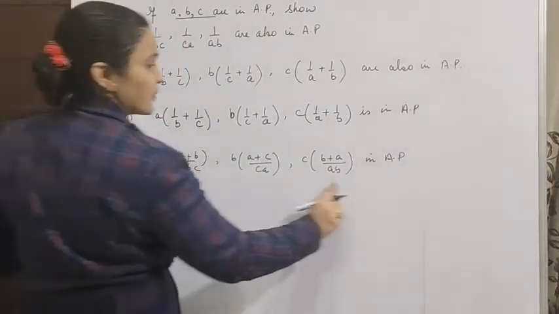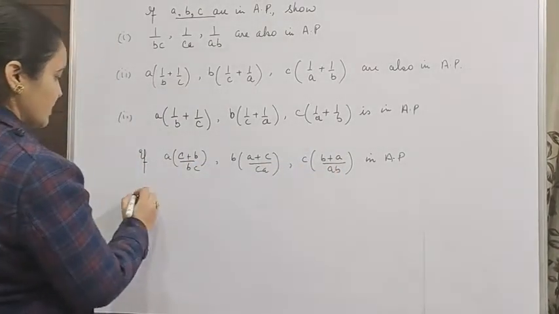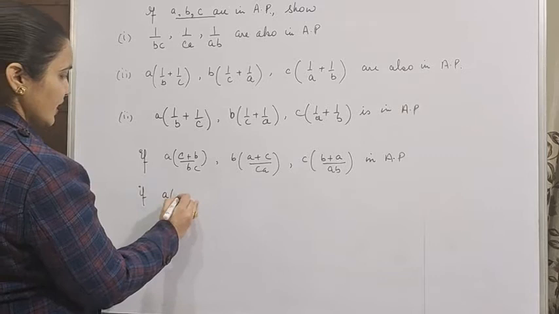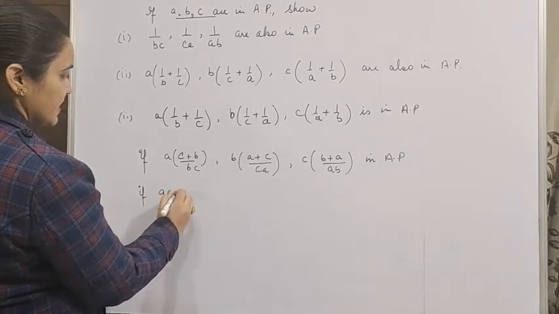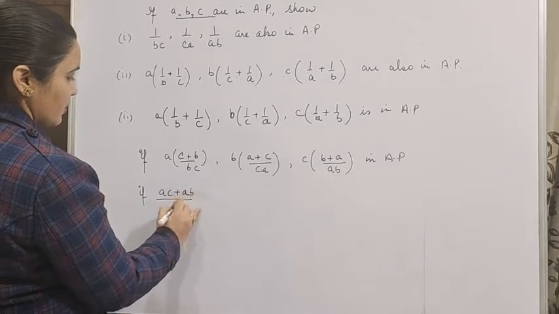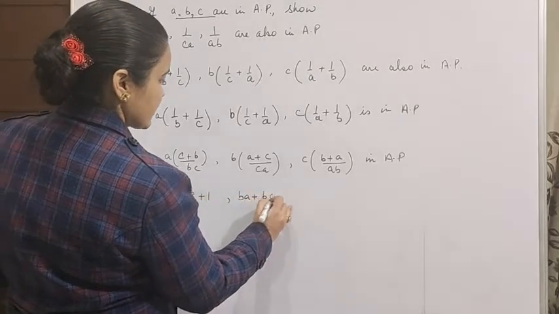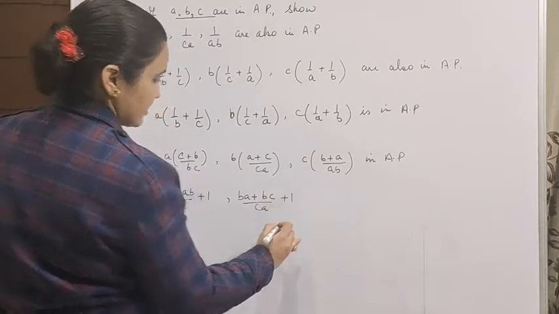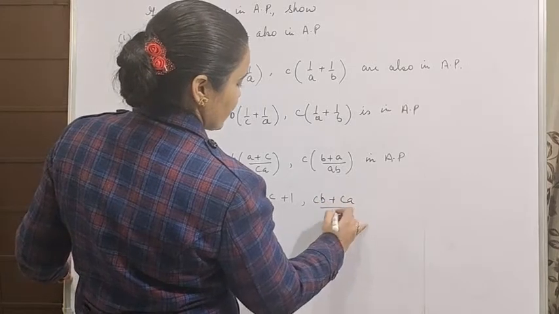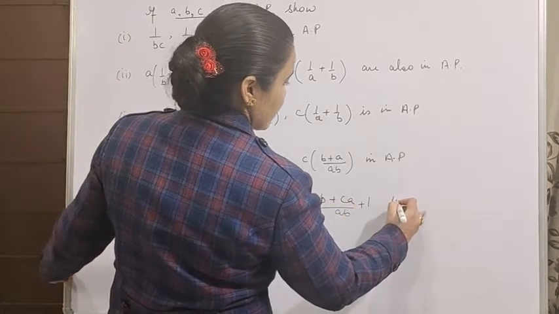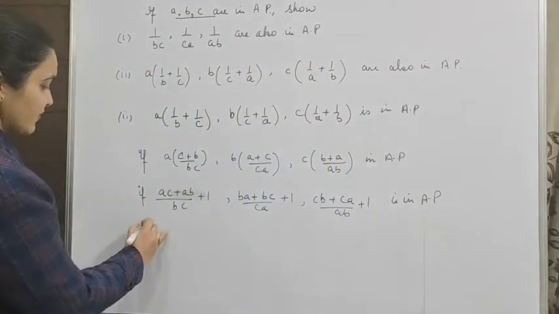If this is in AP, now add 1 to the terms. Let us now multiply this: (AC+AB)/BC + 1, (BA+BC)/CA + 1, and (CB+CA)/AB + 1 is in AP. Clear?